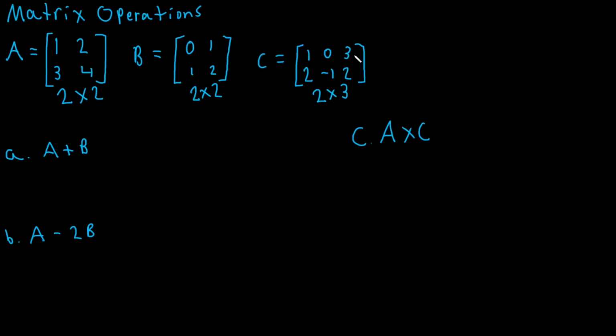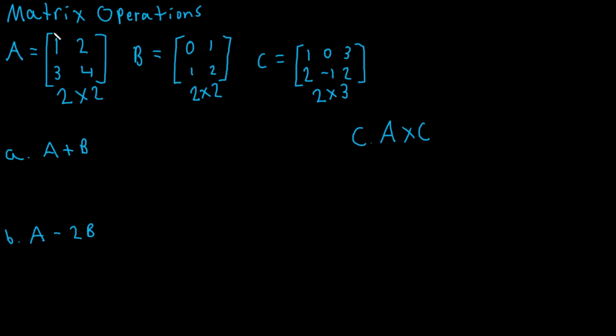Now we can go ahead and see how we can describe individual entries in a matrix. So when describing matrices, we usually use uppercase letters like uppercase A, uppercase B, and uppercase C here. Because of my handwriting, this might not look like an uppercase C, but it is, trust me. So here, when we're describing entries, we use lowercase letters.